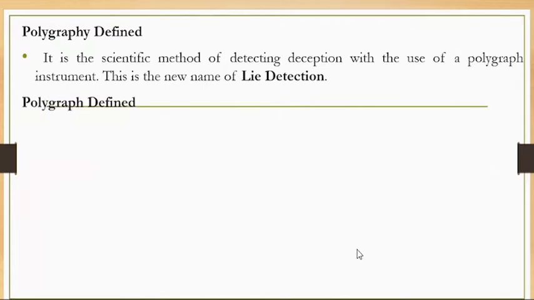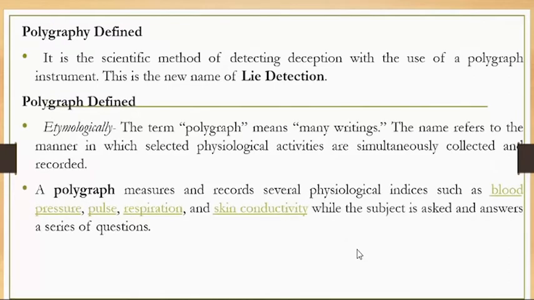The polygraph is also defined etymologically, the term polygraph means many writings. The name refers to the manner in which selected physiological activities are simultaneously collected and recorded. When we say physiological, it includes our nerves, our heart, and other parts of the nervous system.